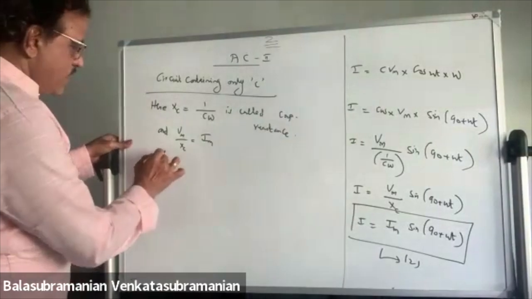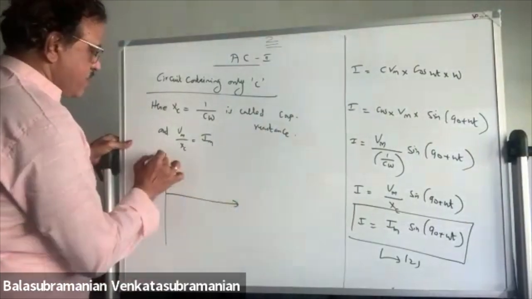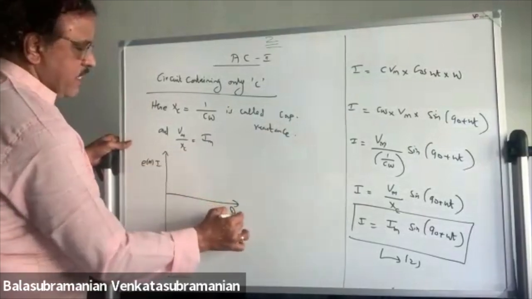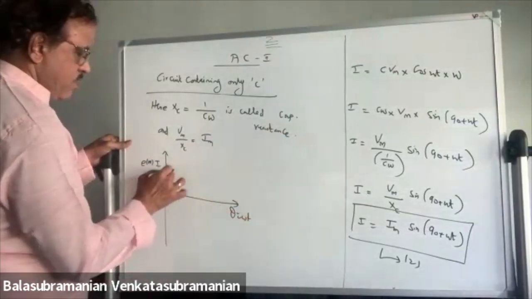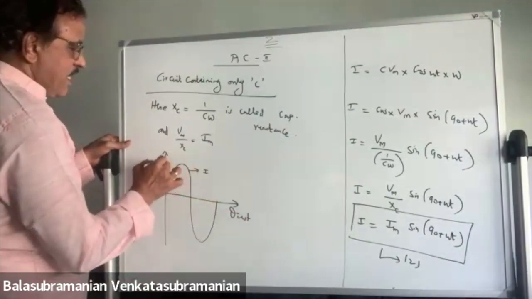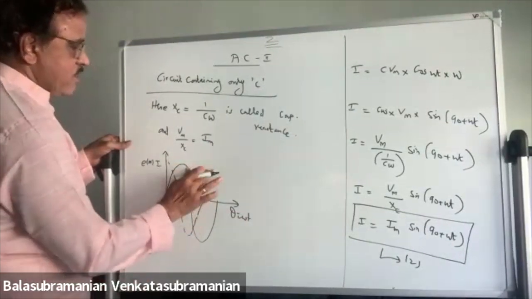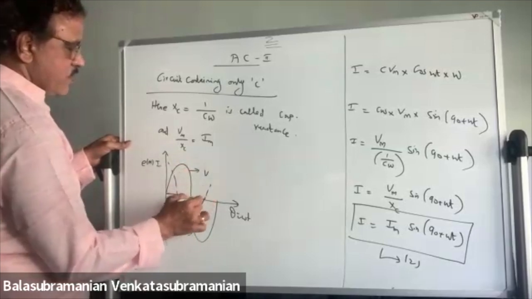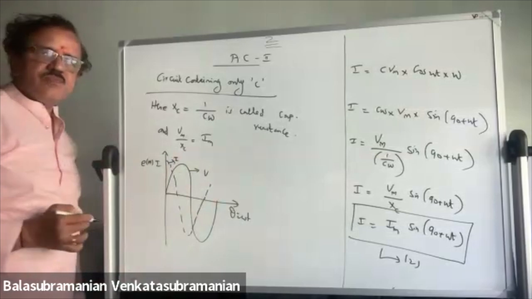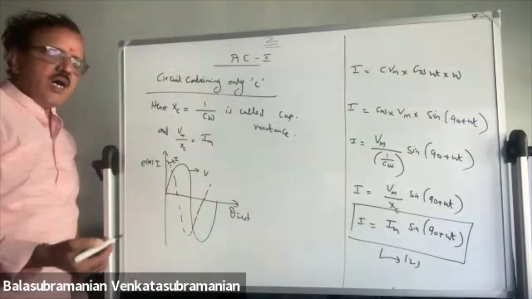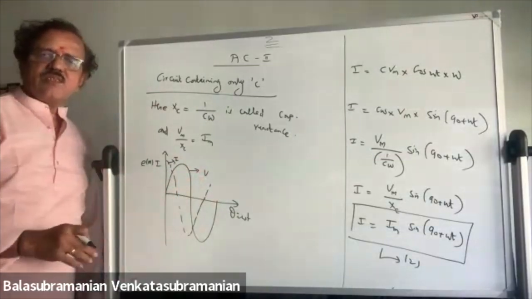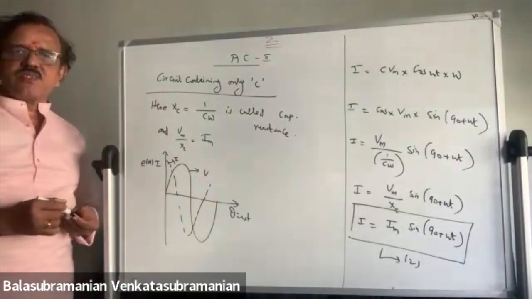So when you draw the graph for current and voltage, I or V against theta or omega t, this is the voltage. Current is leading the voltage. Or if you take this as I, then voltage will come on the negative side, like the inductor we have represented.